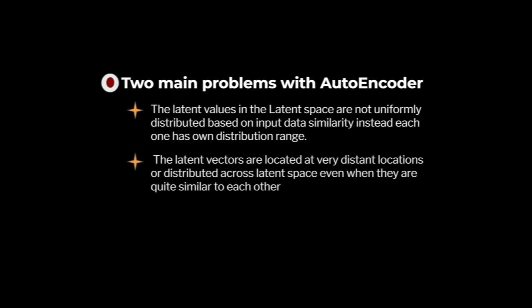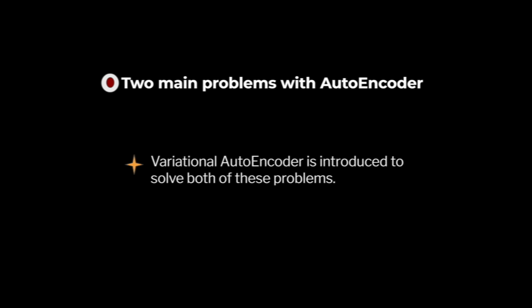And the second, the latent vectors are located at very distant locations, distributed across latent space, even when they are quite similar to each other. To solve these two problems, we have the variational autoencoder. It means the variational autoencoders are introduced to solve both of the key problems introduced by autoencoders.